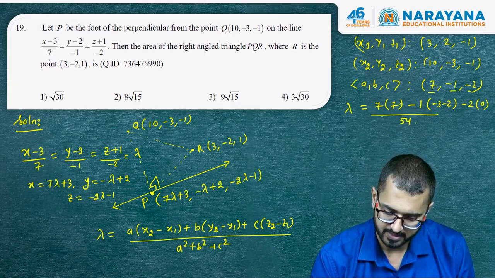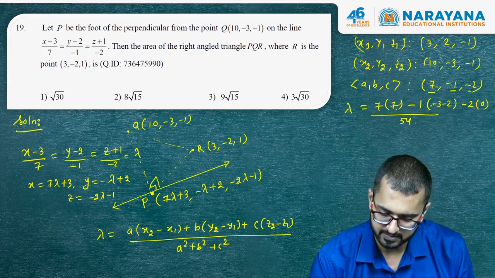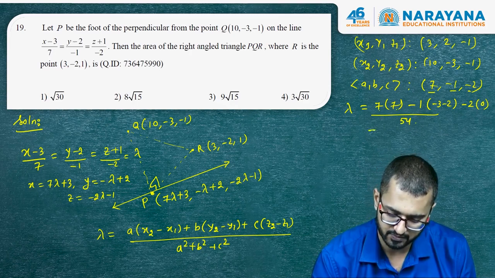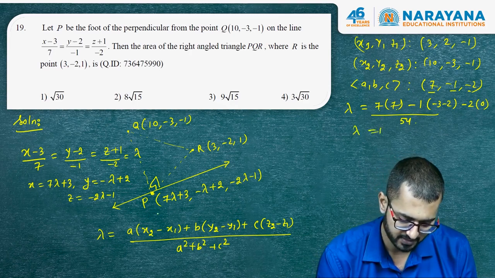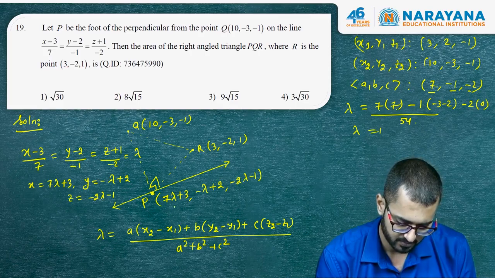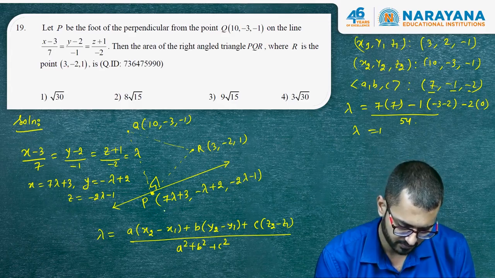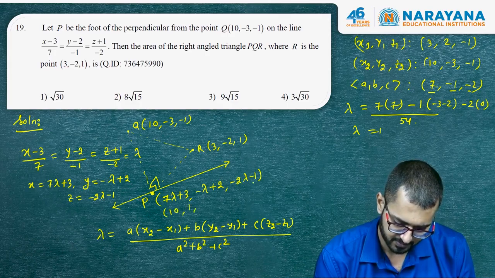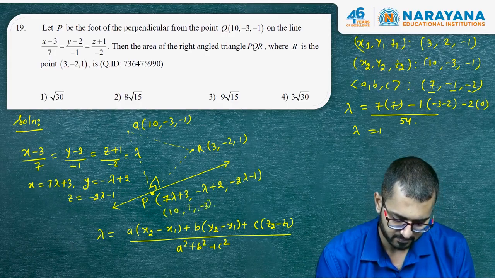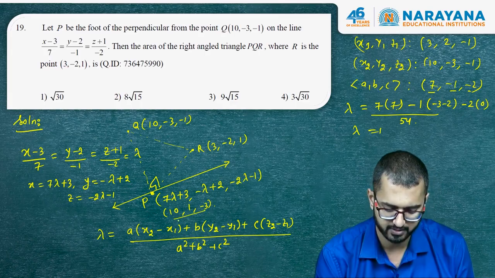So that is 49 plus 5, again 54. So lambda is 1. If lambda is 1, we get the point P as 10 comma 1 comma minus 3. So we got the point 10, 1 and minus 3.